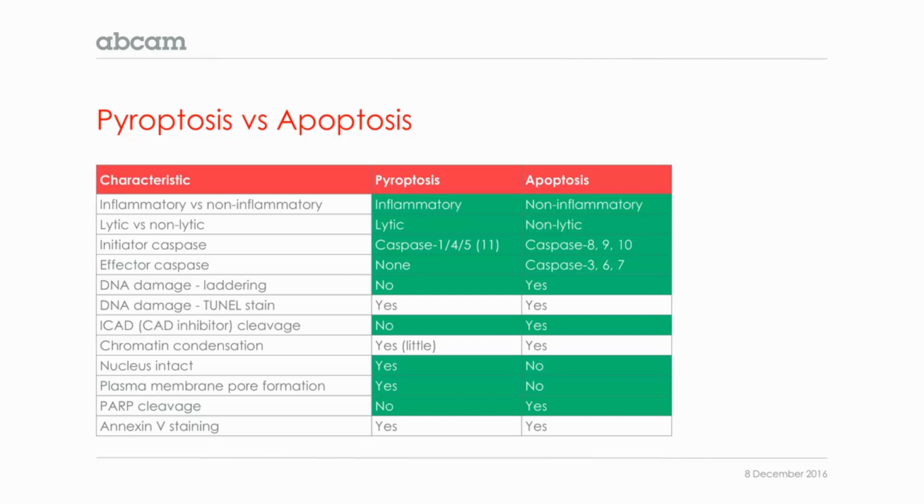I would say that the main distinctive features are that pyroptosis displays a lytic and inflammatory morphology in vivo, that the effector caspases, caspase 3, 7, and 6, are not involved in pyroptosis, and that PARP cleavage is not really observed in pyroptosis. And as we have discussed previously, to be able to define the type of cell death, we need to analyze multiple markers, because as we've seen, some of them can be shared between different types.